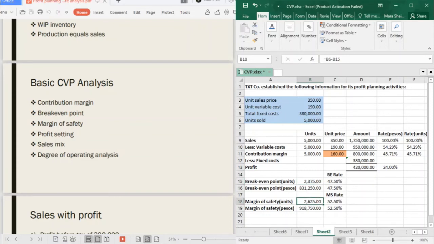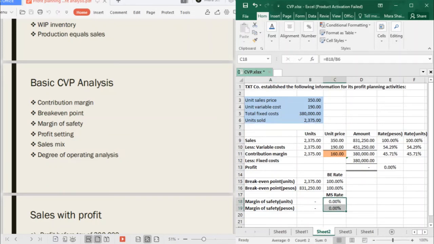Meaning, the margin of safety indicates there is profit, because there is an excess over your break-even point. So, for example, if we put 2375 here, as you can see, your margin of safety is at 0.